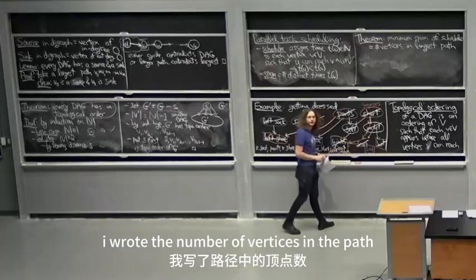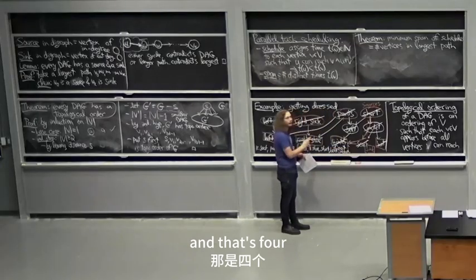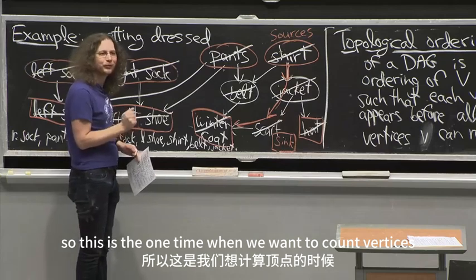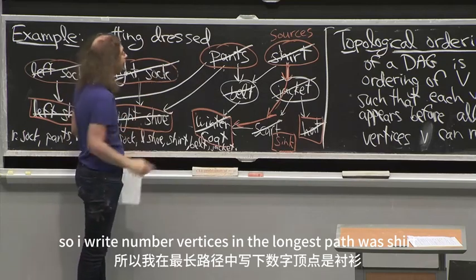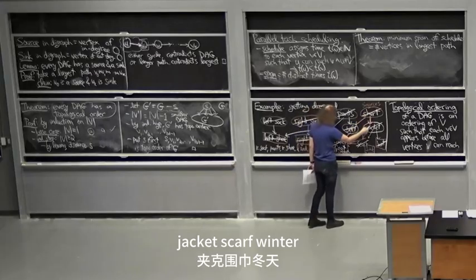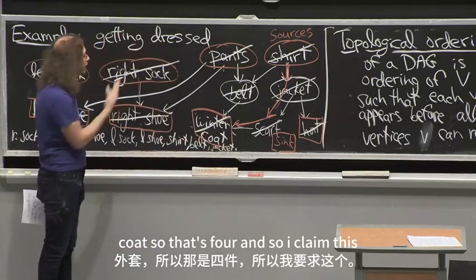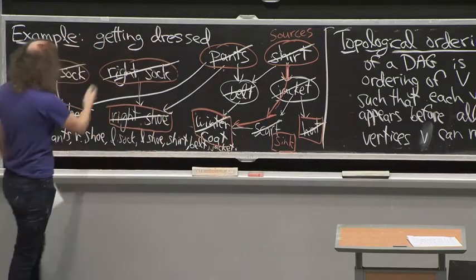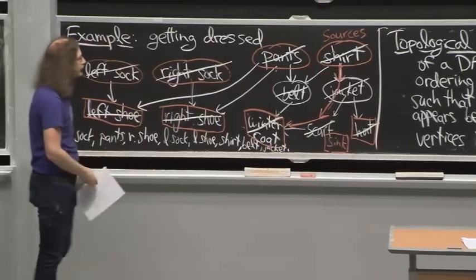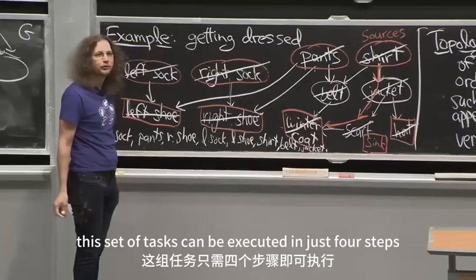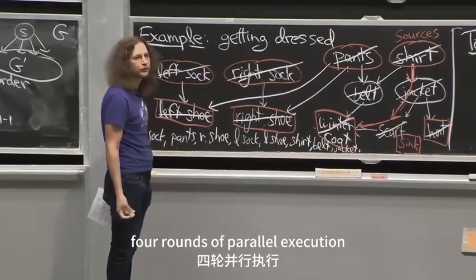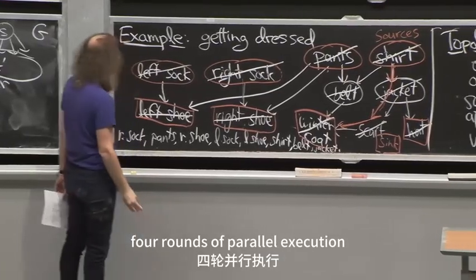I wrote the number of vertices in the path, and that's 4. So this is the one time when we want to count vertices, not edges. So I write number of vertices in the longest path. It was shirt, jacket, scarf, winter coat. So that's 4. And so I claim this set of tasks can be executed in just 4 steps, 4 rounds of parallel execution.